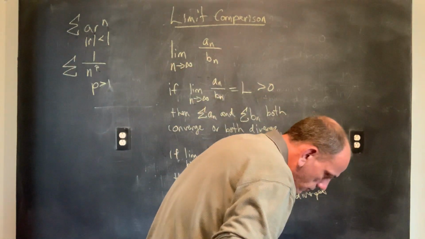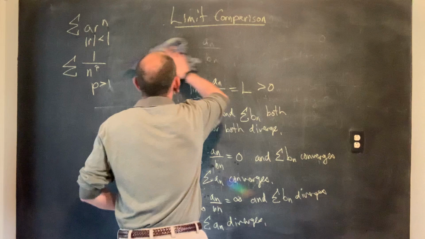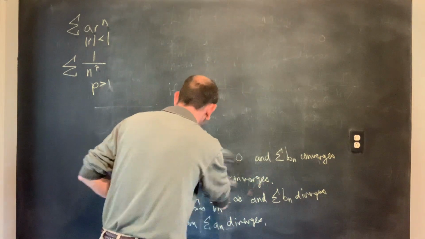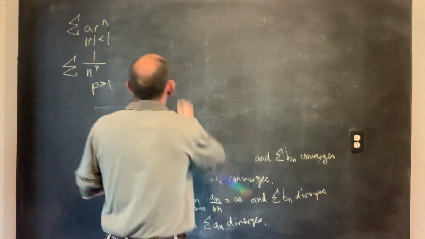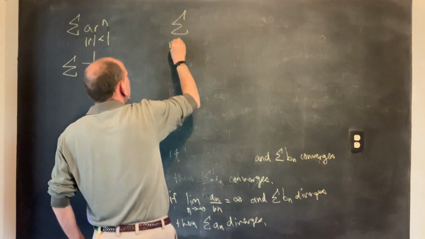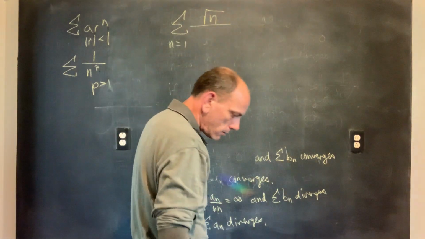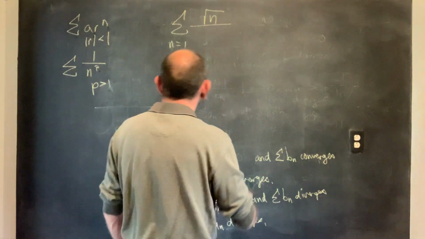So let's try, I don't know, let's look at the series sum from n equals 1 of square root n over n squared plus 1.